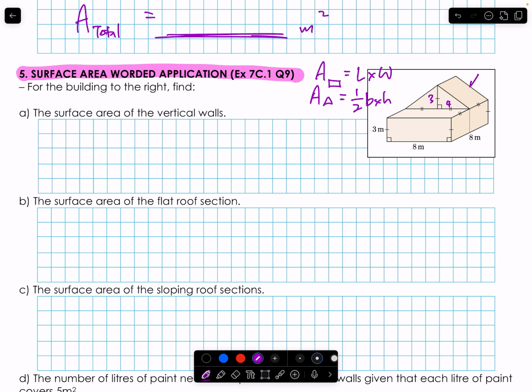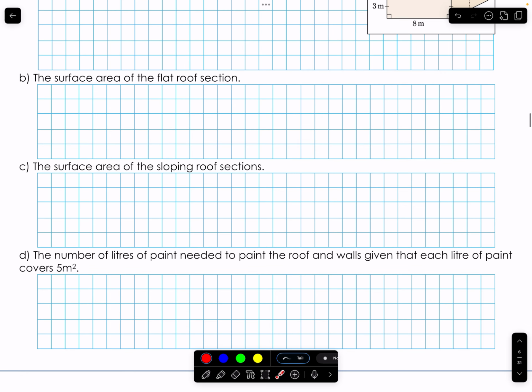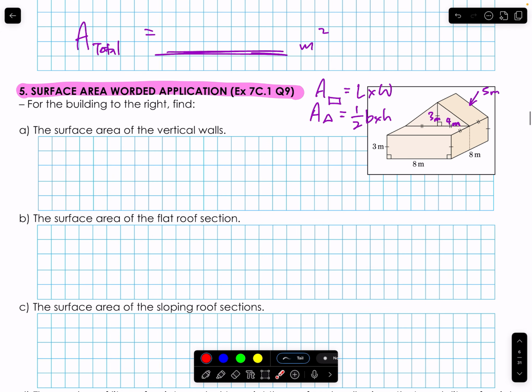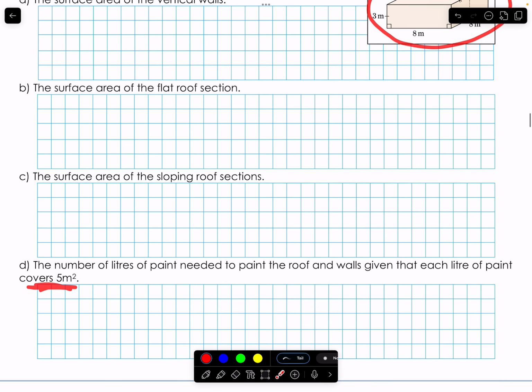Okay, so these long sides, the slope sides, are going to be 5 meters long. So you'll need that to find the area of the sloping roof sections. And then the number of litres of paint needed to paint the roof and walls, given that each litre of paint covers 5 square meters. We'll find the total area of everything that needs to be painted on this, and then you divide it by 5, and you'll get your answer.